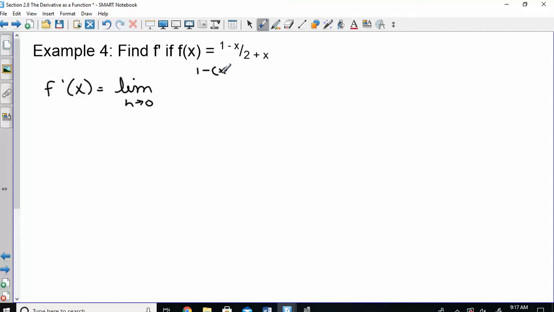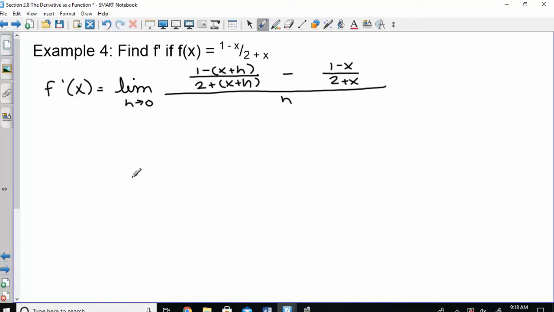So if I plug in an x plus h for this, minus the f of x all over h. So you could write that as 1 minus x minus h over 2 plus x plus h.